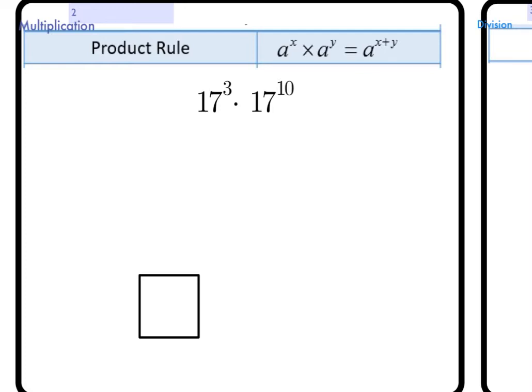So let's go ahead. My base here is 17. And then I have 17 to the third power times 17 raised to the 10th power. So I'm just going to follow my rule, and I have a to the x plus y. My x is my first exponent, my y is my second exponent.